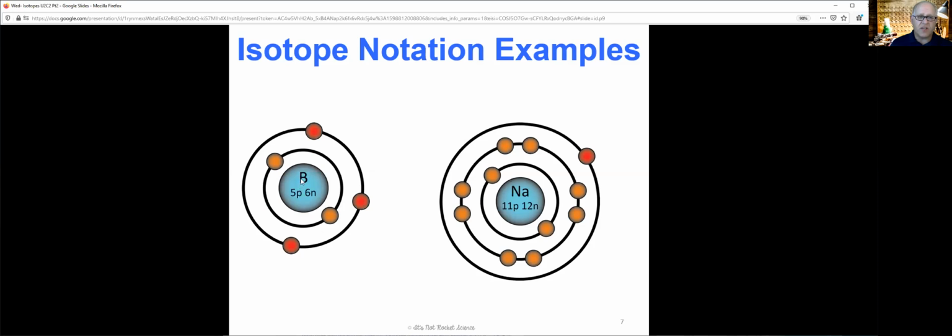And in there, put the elemental symbol B, 5p for protons, 6n for neutrons. And then you're going to add the electrons, 2 in the first ring and 3 in the second ring. Remember, the element will always have the same number of electrons as it has protons.